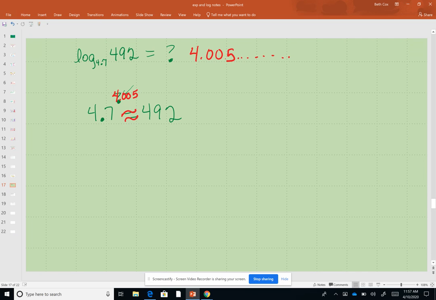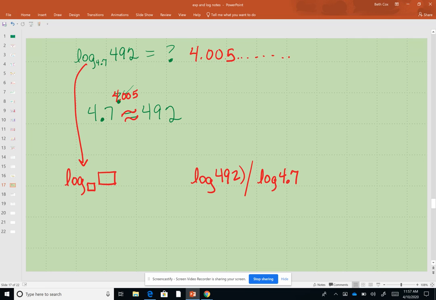So now it all depends on what kind of a calculator you have. Some calculators have that capability, and you can directly type your digits in there. But if you don't, then you do have to type in log of the big number divided by log of the little number. And you might have to do a parentheses around there.